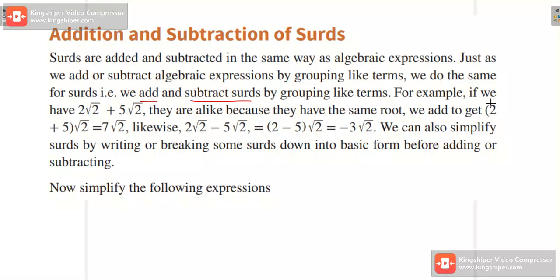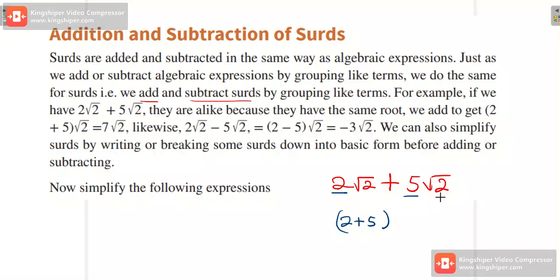For example, if we have 2 root of 2 plus 5 root of 2, we can see that in this set, 2 and 5 are the rational numbers. Therefore, we group 2 and 5 together as 2 plus 5.